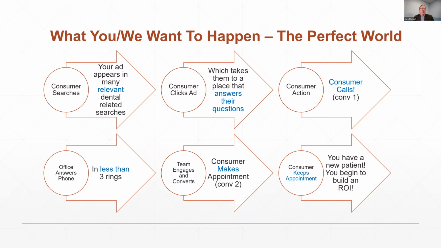So when somebody searches for something near you, and I'll define near in a minute, your ad appears, Dr. Bob Smith. And then the consumer is interested in that ad, reads a little bit, and goes, I want to learn more about that Bob Smith guy.